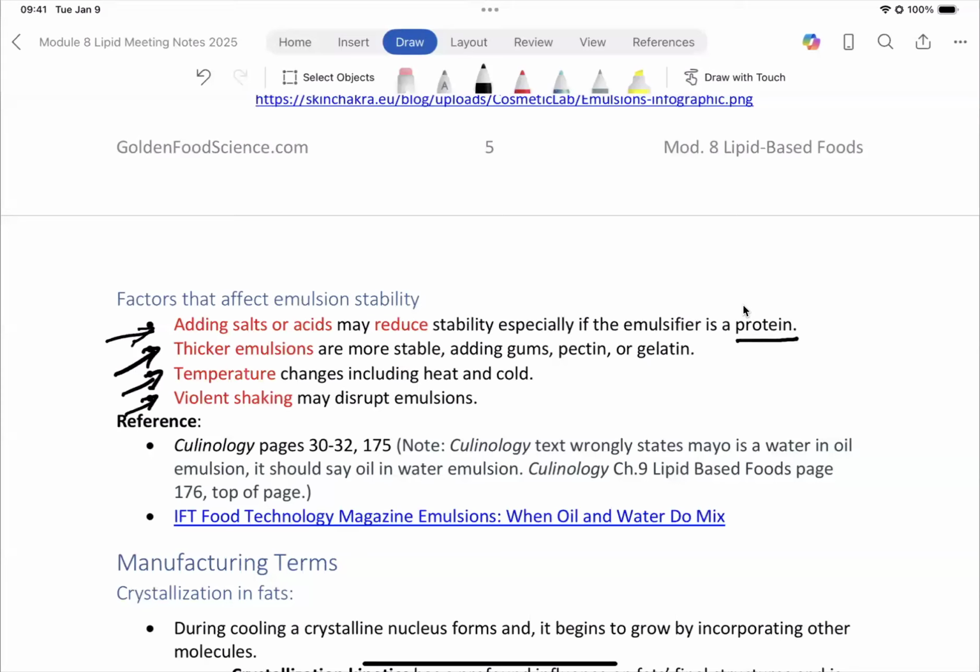So there were a couple of questions in the discussion, I think from Laura, about emulsions, and I did an announcement, and in it I included the standard of identity. So mayonnaise has a standard of identity from the government, and that standard of identity determines exactly what and what proportions of what goes into mayonnaise.